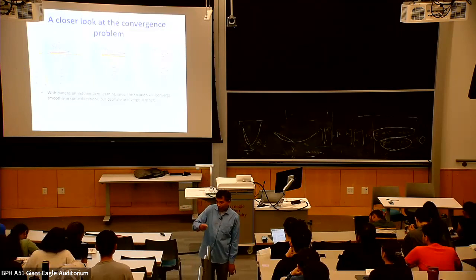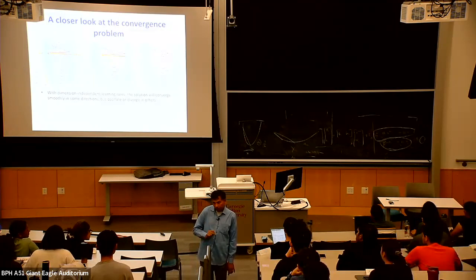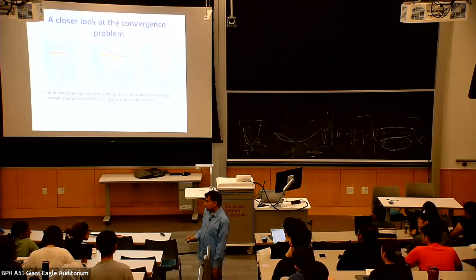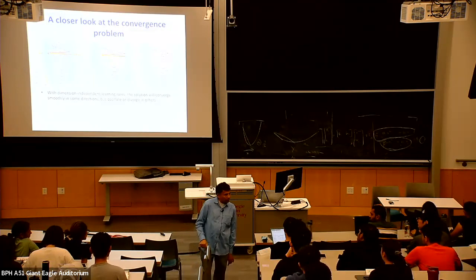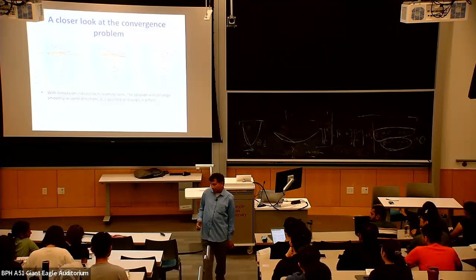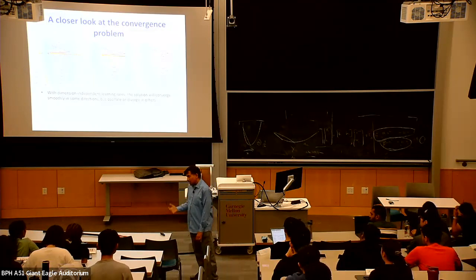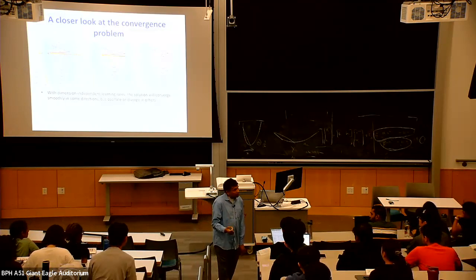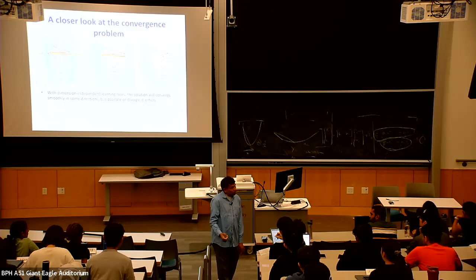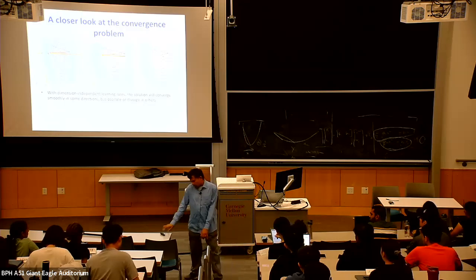If I find that I'm going back and forth along x2, then what is it telling me? It's telling me that my step size for x2 is too large. If I'm just going smoothly forward along x1, it's telling me my step size is okay. Maybe I can even increase it, right? Just by looking at how my solution is behaving, I can improve the behavior of my optimization.